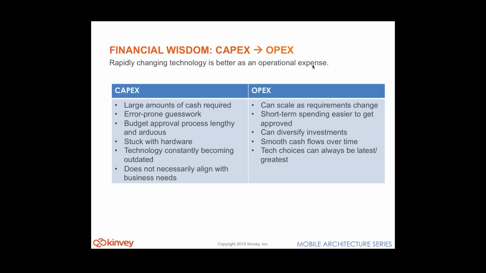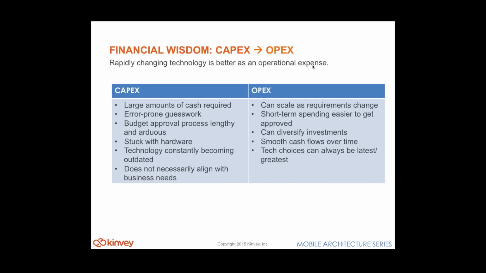Another good reason why you want to use something like a managed service provider is that rapidly changing technology is really better as an operational expense. So traditionally, you would buy a lot of different infrastructure pieces, and that would go on your Capex, and all of your servers and routers and all the networking equipment that you have would be part of your capital expenditures.